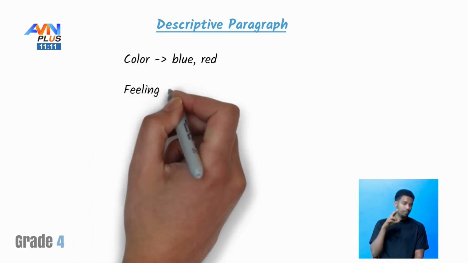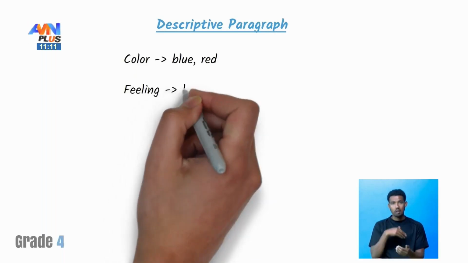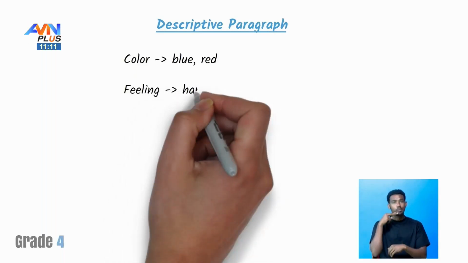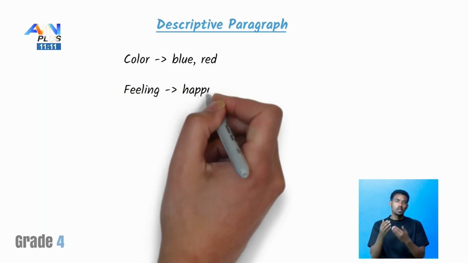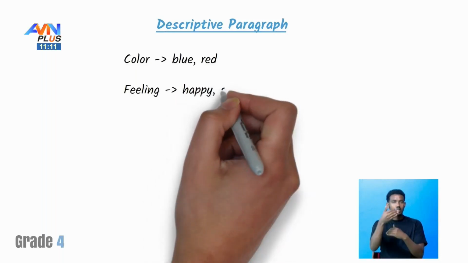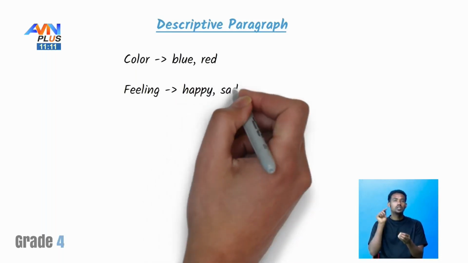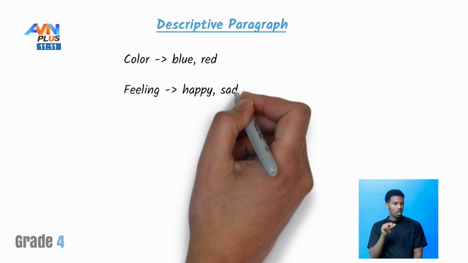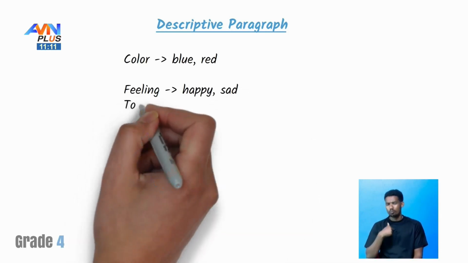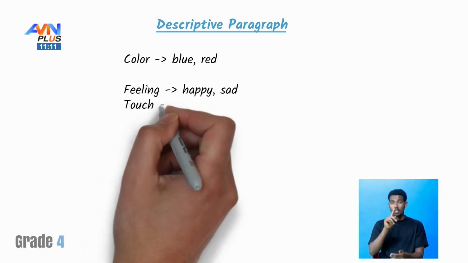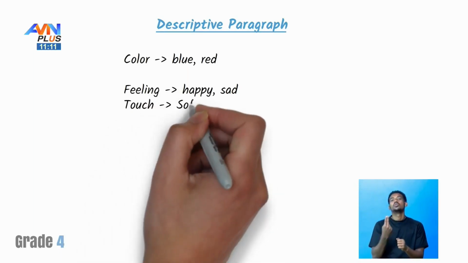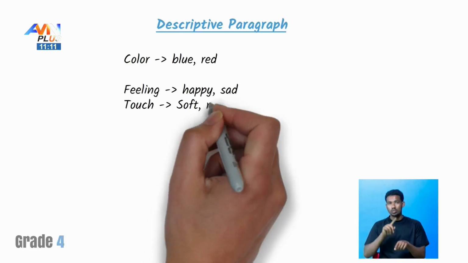When we come to feeling, we can use happy, sad, and we can also add excitement or excited. So look here, students, here is color, here is size, and here is feeling, for example happy or sad. And the next one, we can say soft and rough.